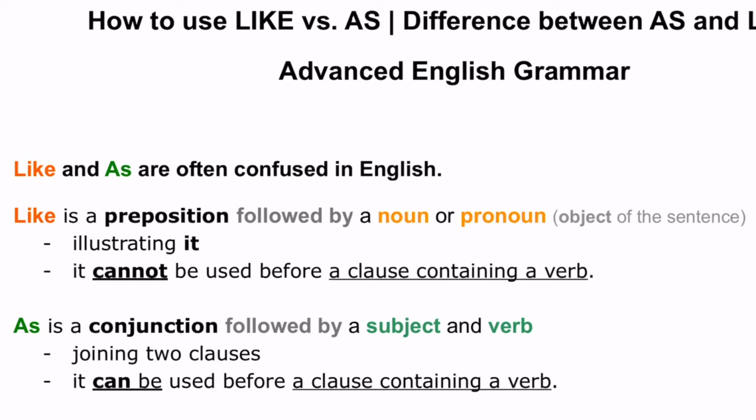And like illustrates the noun or the pronoun and can't be used before a clause containing a verb. So there is only a noun and a pronoun. As is a conjunction followed by a subject and a verb, and it joins two clauses, so it can be used before a clause containing a verb because as is followed by a subject and a verb.